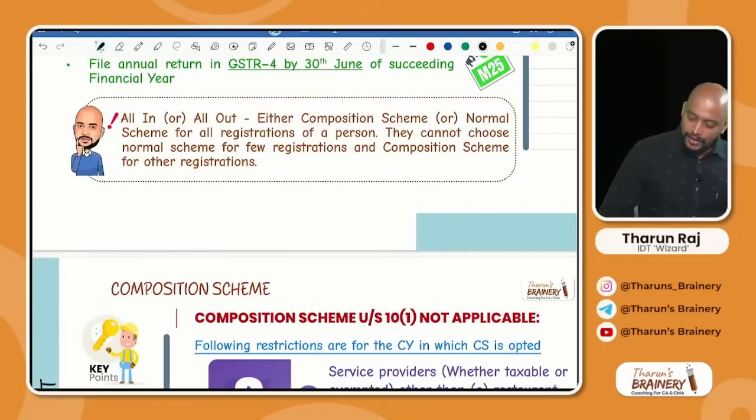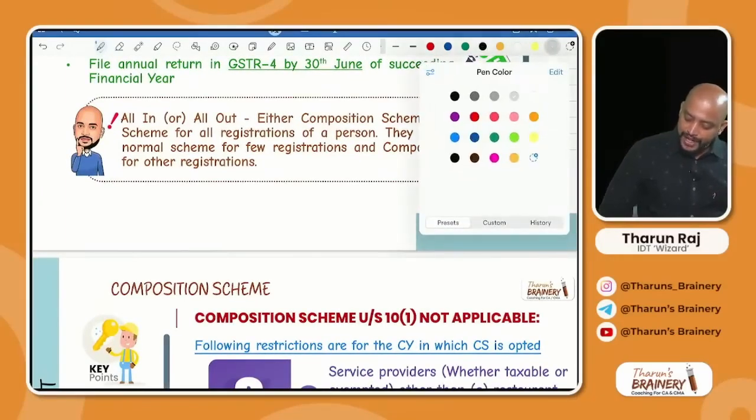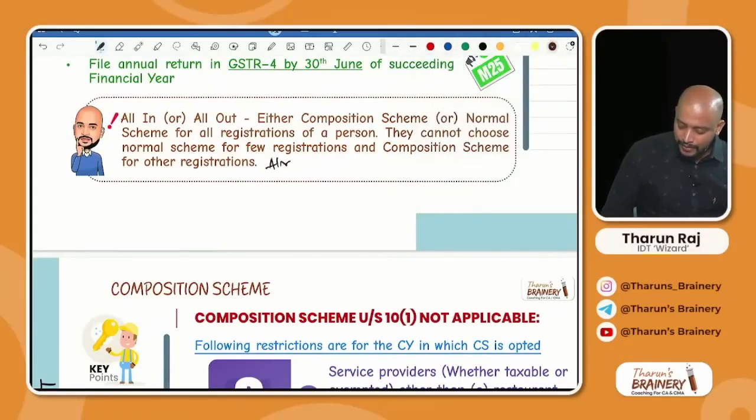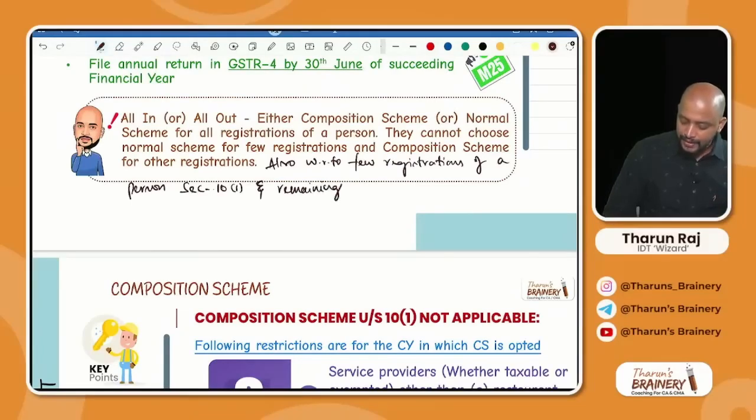Also, with respect to few registrations of a person, section 10(1) and remaining registrations section 10(2)(a) is not possible.